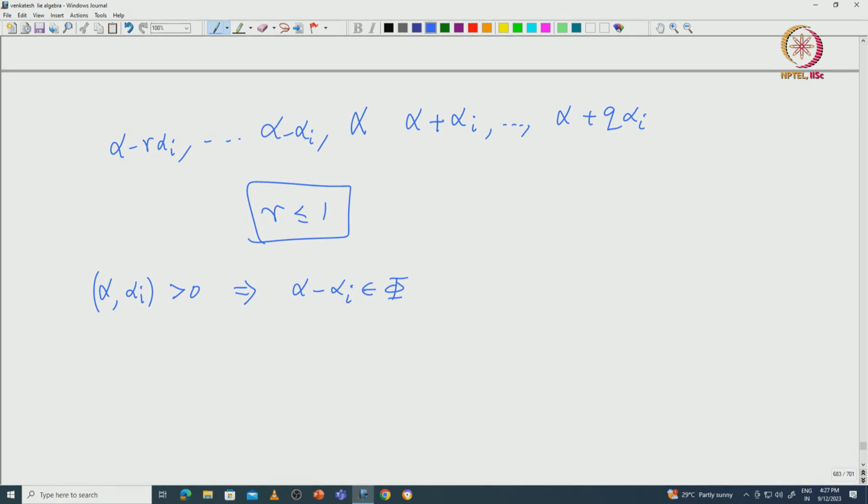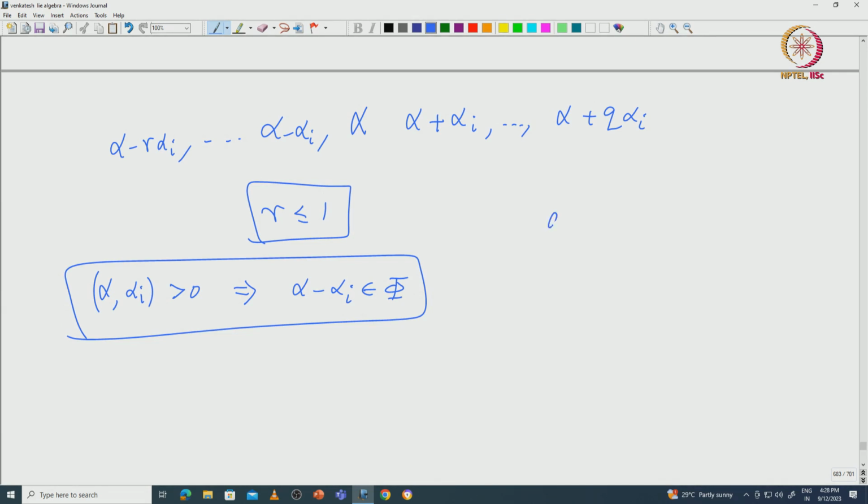So, in a way we have some understanding of determining this r. This integer r can be either 0 or 1. So, for each root α of height 2, the integer r for the string through α can be determined, because it is at most 1 and we have some way of understanding when it can be 1.